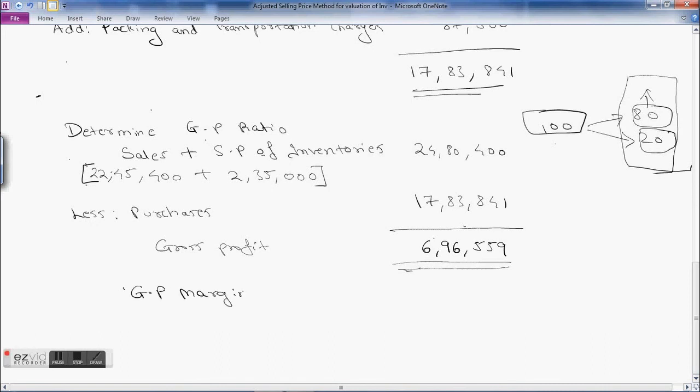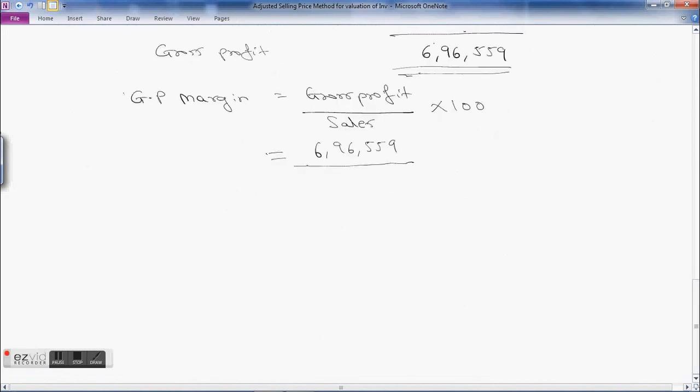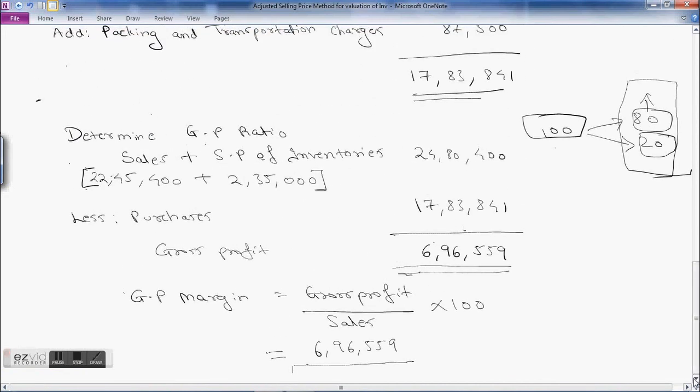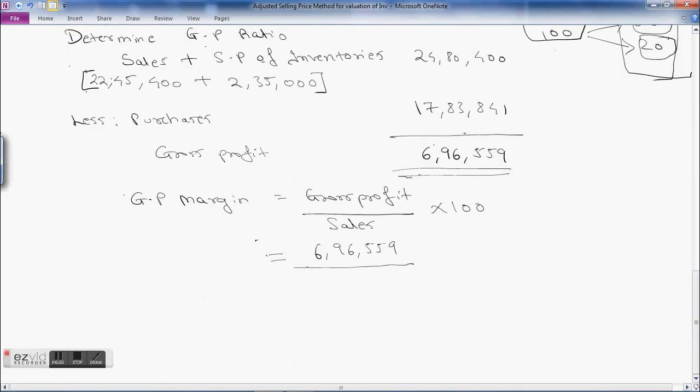How to calculate gross profit margin: gross profit divided by sales into 100. In this case we are taking 6,96,559 divided by the total, that is sales plus your selling price of closing stock, that is 24,80,400, into 100.